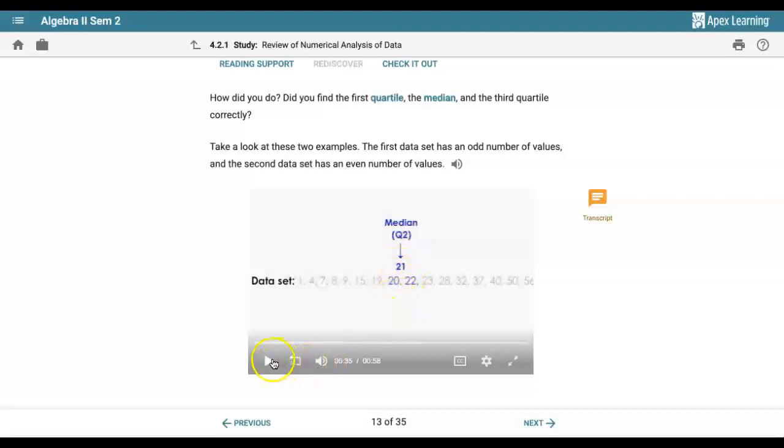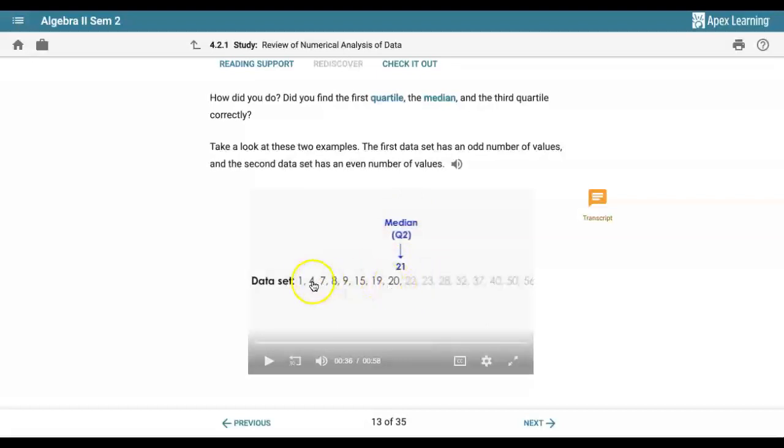When we start counting for the first quartile, notice that they actually included that 20, whereas in the odd example, they did not include the median. The reason is that this median is this arbitrary number 21 that's between these two values. So we don't treat this 20 as if it's in the median.